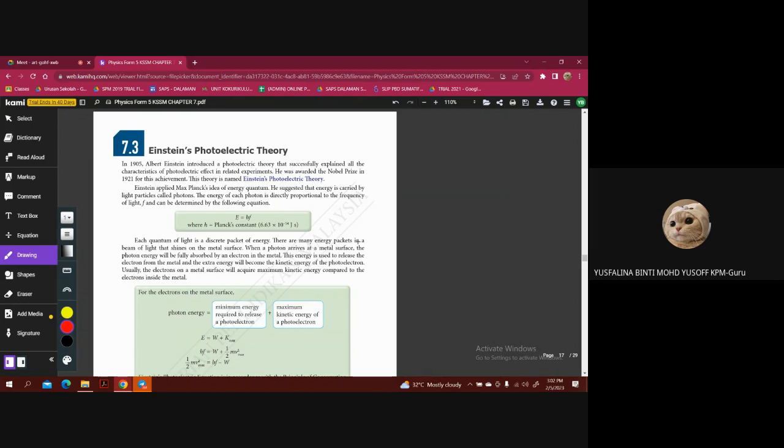In 1905, Albert Einstein introduced a photoelectric theory that successfully explained all the characteristics of the photoelectric effect in related experiments. He was awarded the Nobel Prize in 1921 for this achievement. So this theory is named the Einstein photoelectric theory.